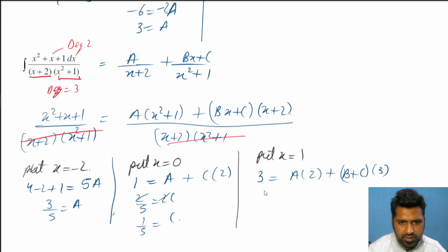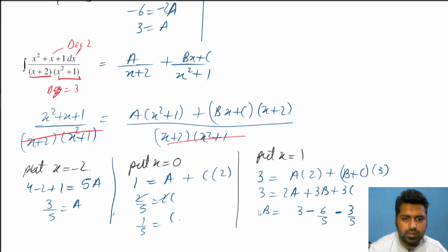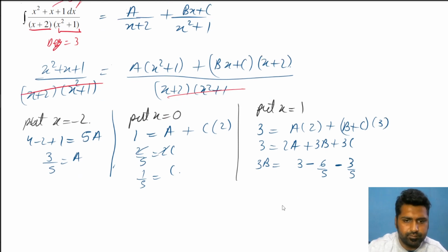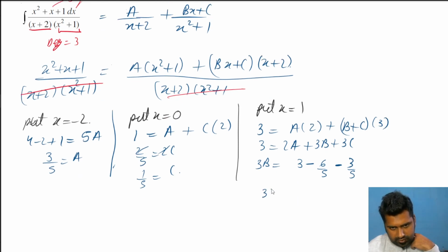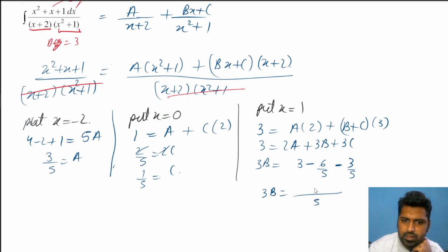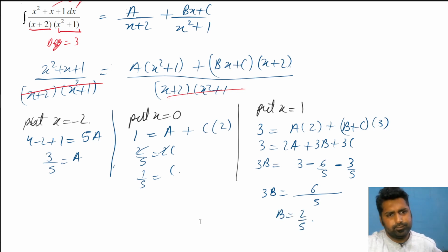Solve for b. 3 is equal to 2a plus 3b plus 3c. 3b is equal to 3 minus 2a, so 6 by 5, minus 3c, 3 by 5, that's 3b basically. So 3b is coming 15 minus 9 is 6, so b is coming 2 by 5. We have found A, B, C.